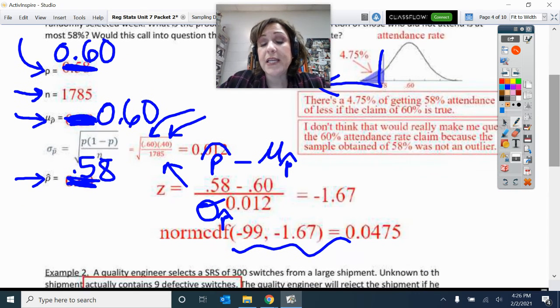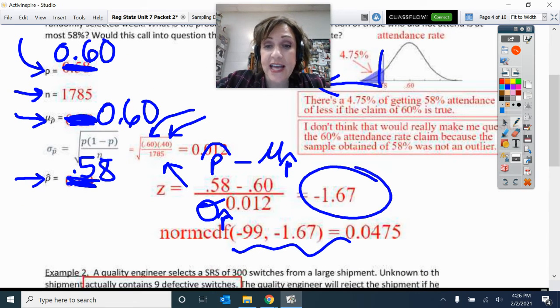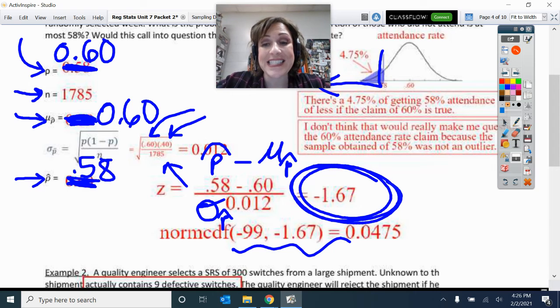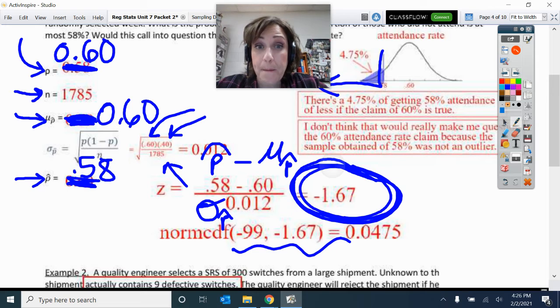So would a z-score such as negative 1.67 call into question this 60%? Does this make me, getting a sample at 0.58, was it unusual? And make me think, whoa, I'm suspicious, that data might not be centered at 60% because that was really unusual?